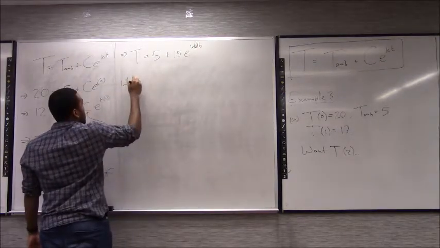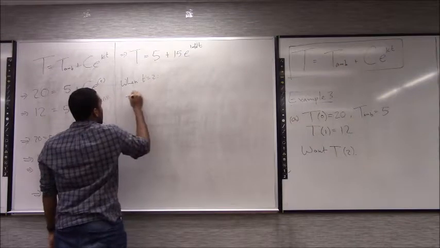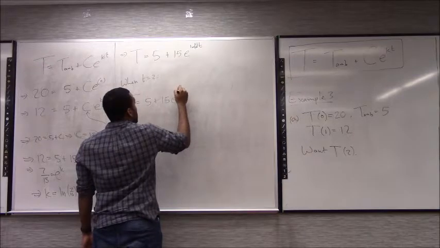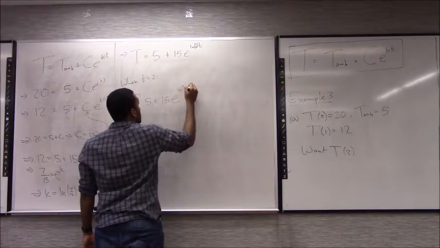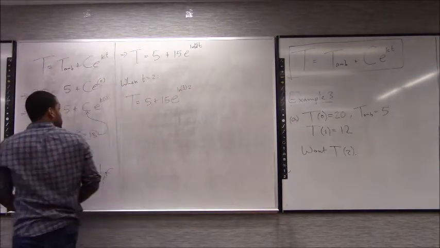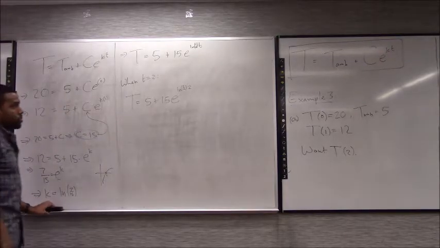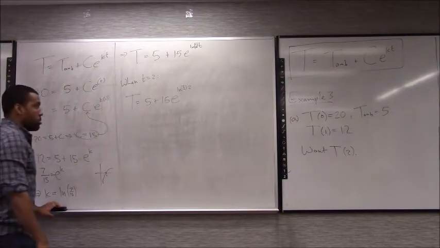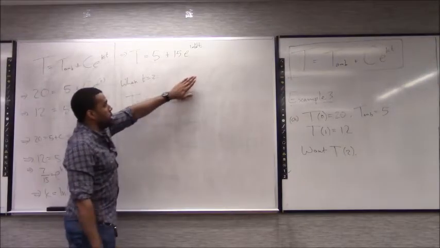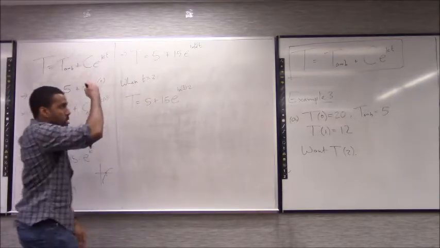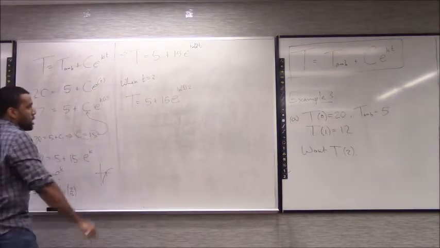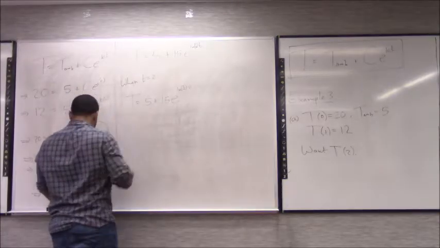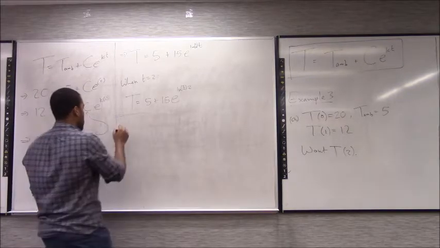And so when t equals 2, T is going to be 5 plus 15 e to the ln of 7 over 15 times 2. The idea being, as time goes on, this term is going to eventually become 0, because the negative exponential decreases that way, and it will settle towards 5. So that's that.